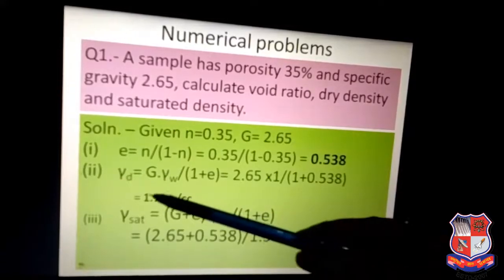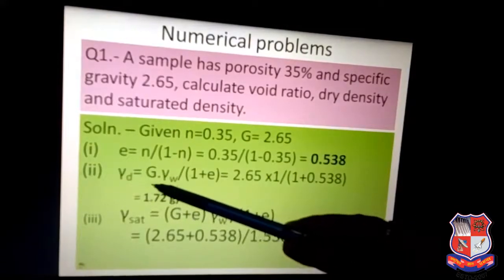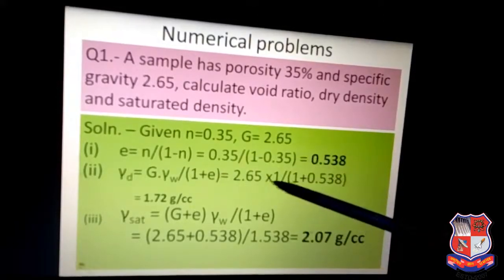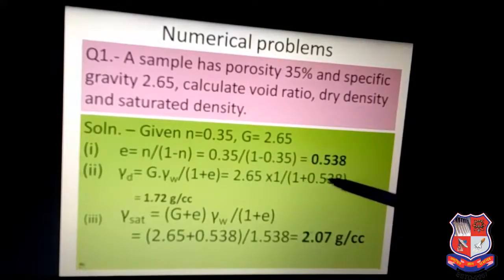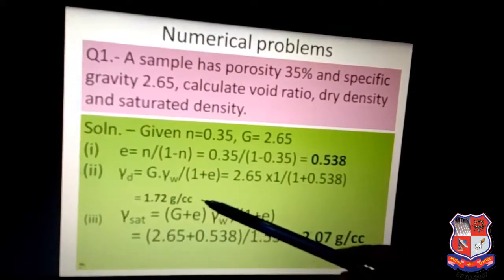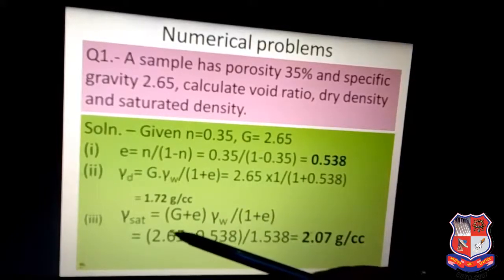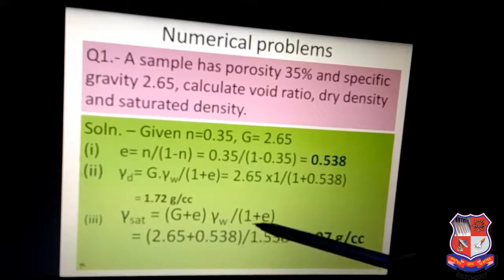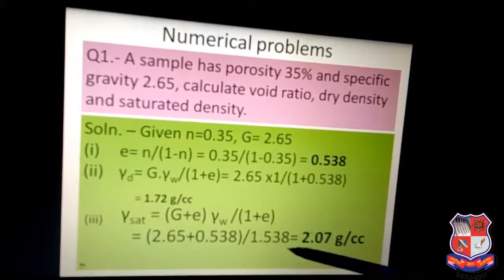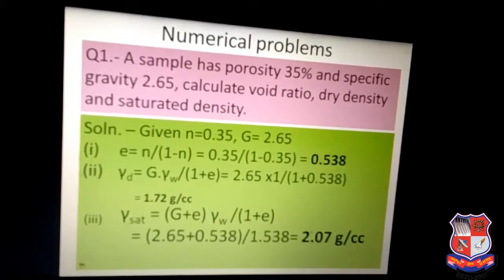For the dry density we will use the relation gamma D equal to G gamma W divided by 1 plus E. So we have all the values now; putting all the values of G, gamma W and void ratio, we get gamma D as 1.72 gram per cc, and gamma saturated is equal to G plus E gamma W divided by 1 plus E. So putting all the values, we get 2.07 gram per cc. So this way we have solved this problem.